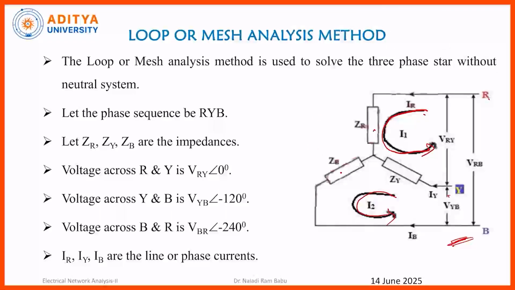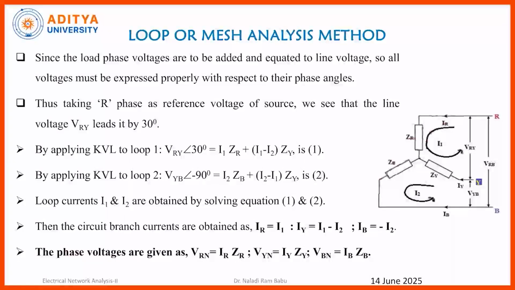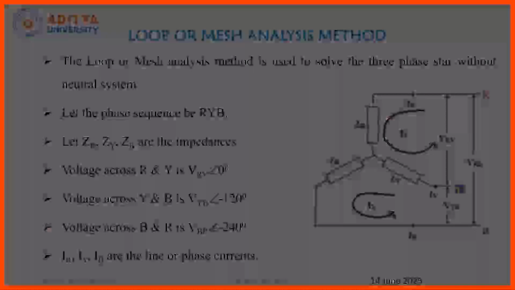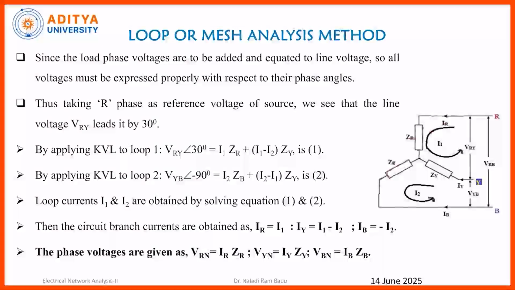Now see this one, VRY. Across VRY, if I apply KVL, it is clearly written over here. VRY is at an angle of 30 degrees; if I take VR as the reference, it will be at an angle of 0.